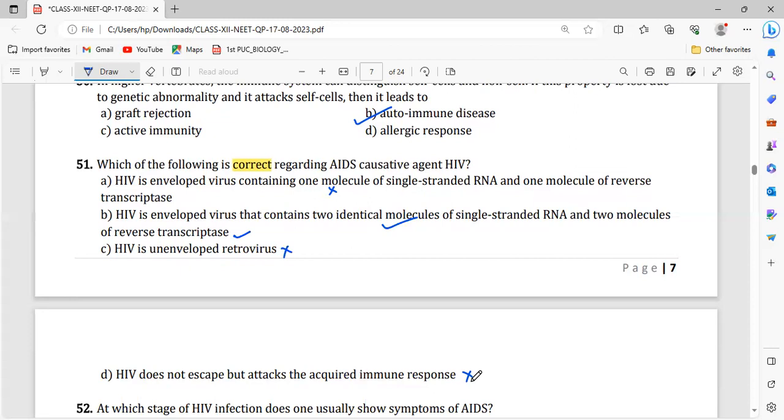Our immune system will not know that HIV has entered. HIV is non-self, it is an antigen, but our immune system will not know that it has entered. So it is escaping the eye of our immune system, right? So the answer is option B.